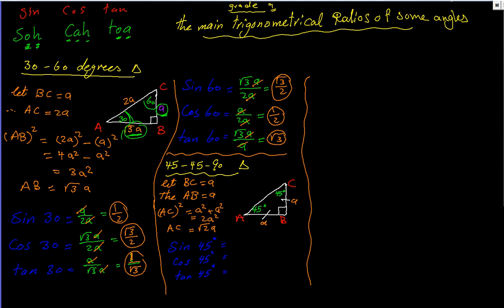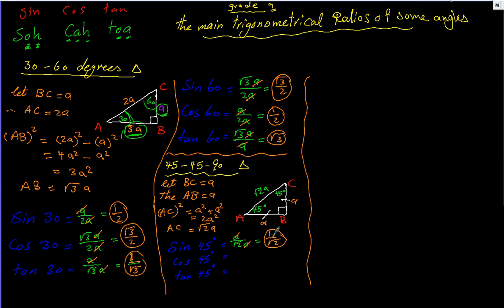So for sine 45, we can take angle A or angle C. It's the same, because the opposite sides for A and C are equal. Then the hypotenuse is root 2 A. Sine 45 is opposite A over hypotenuse root 2 A. By erasing A with A, the result is going to be 1 over root 2.